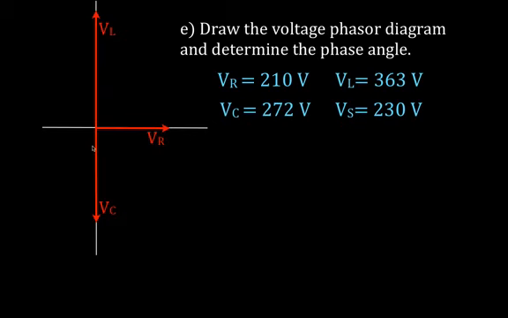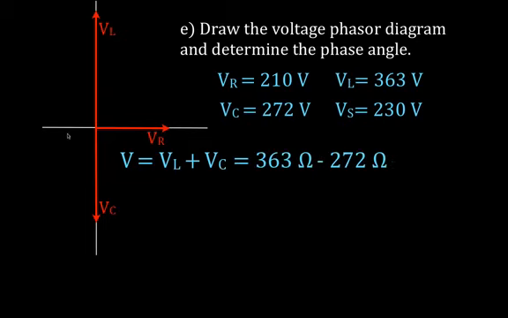Okay? Now, we want to do a couple things first. We're going to actually check once again, can we get 230 volts out of this? That means we're going to add all of these vectors up, which means we have to add up, first of all, the voltage across the inductor and the voltage across the capacitor to get the sum of those two.